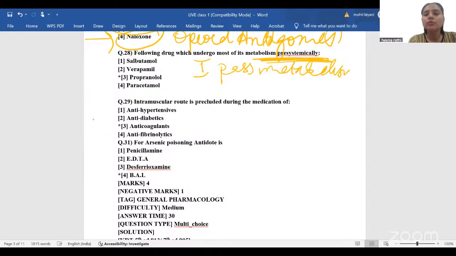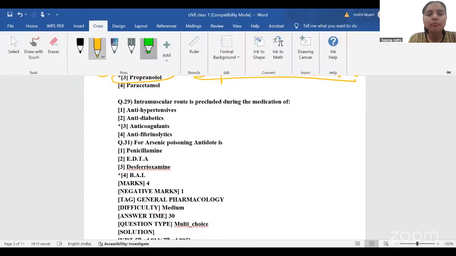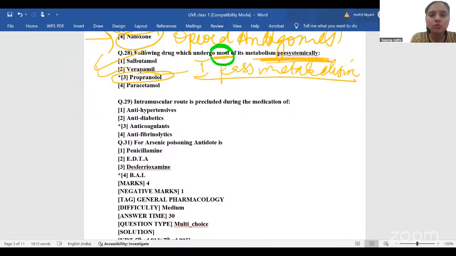Before entering into the systemic circulation, it gets metabolized pre-systemically. The drug is propranolol. Verapamil is also this. Salbutamol is also this. But the question is most, so the most is propranolol.